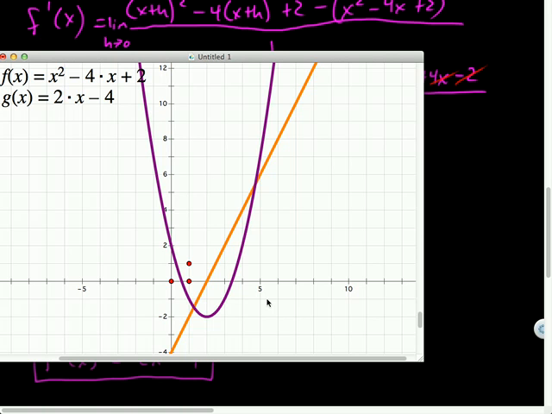Mr. White, what's up? The value of the purple line will approach negative infinity, and infinity, right? What do you mean the value? The x value? The y value? Both.